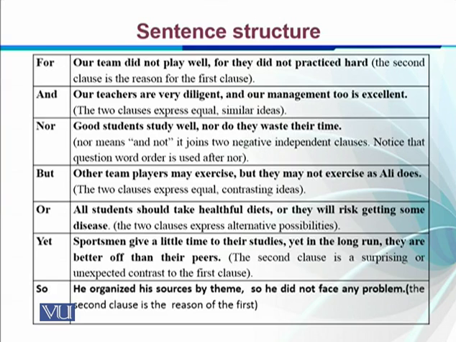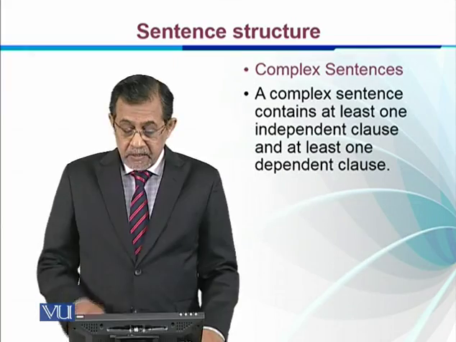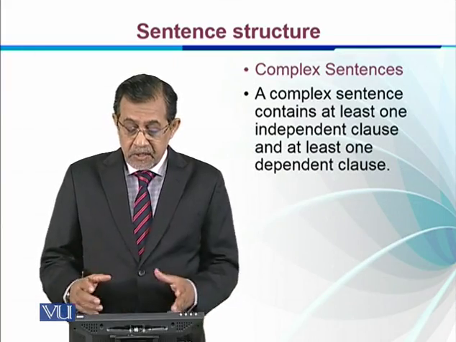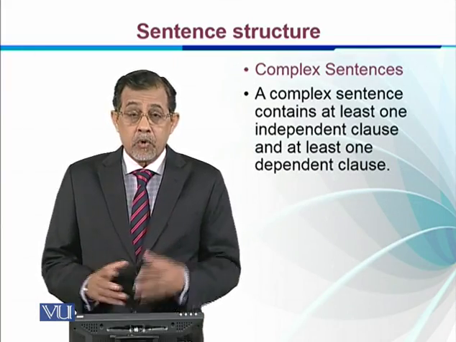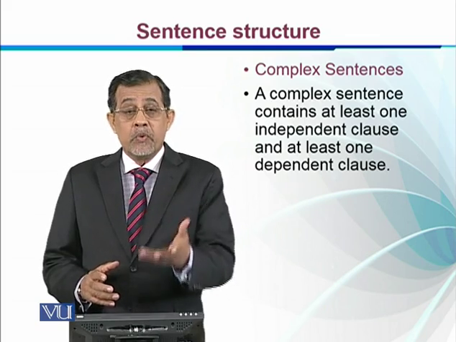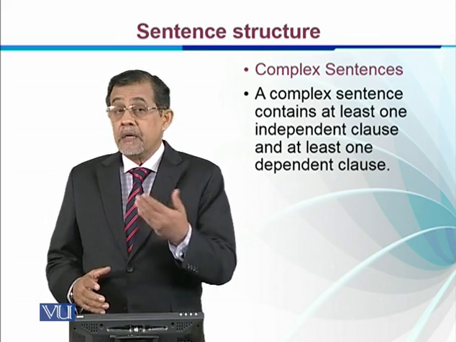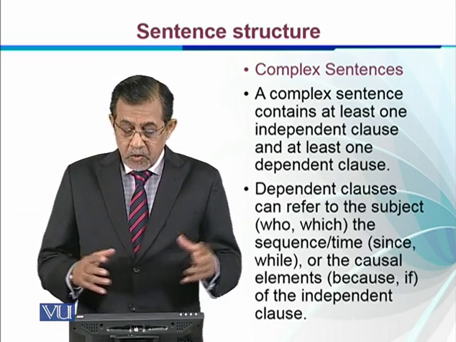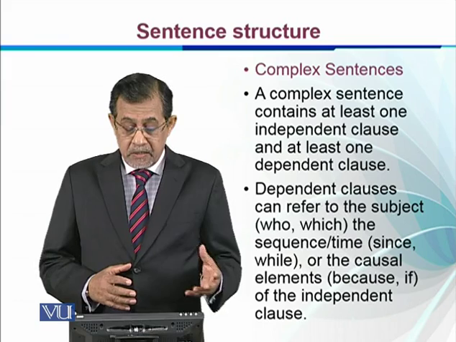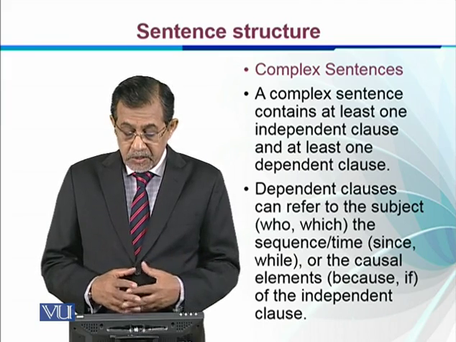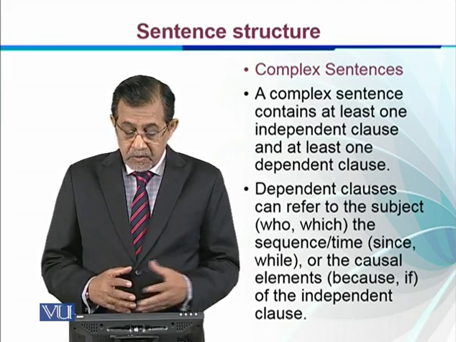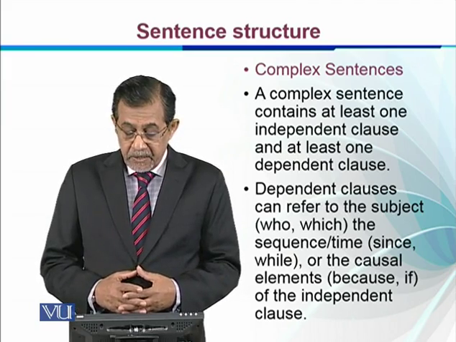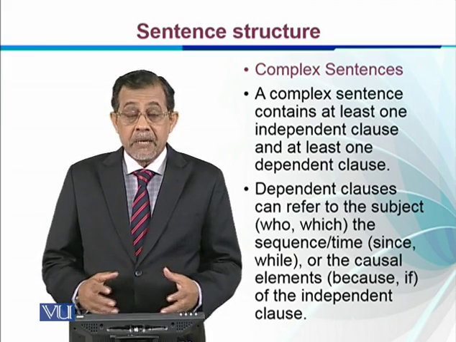Then we can have a complex sentence. A complex sentence contains at least one independent clause and one or more dependent clauses. Dependent clauses can refer to the subject, with who or which, or to sequence, time, since, while, or a causal element, because, of the independent clause.